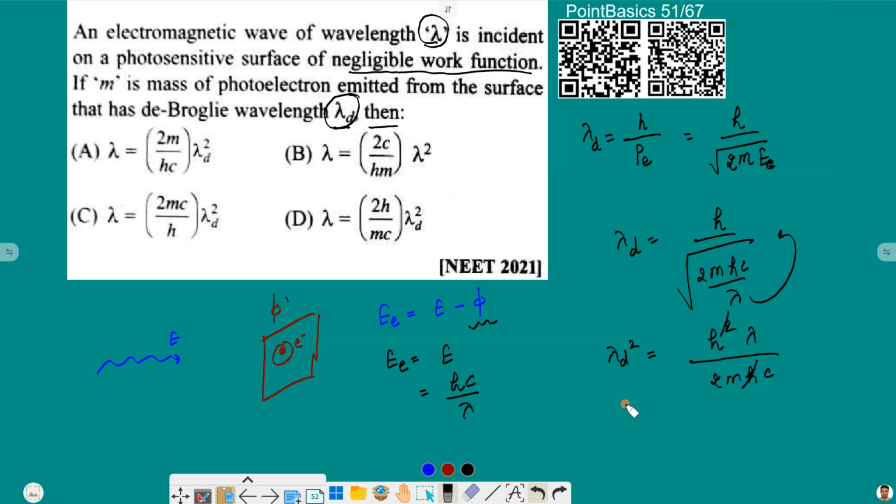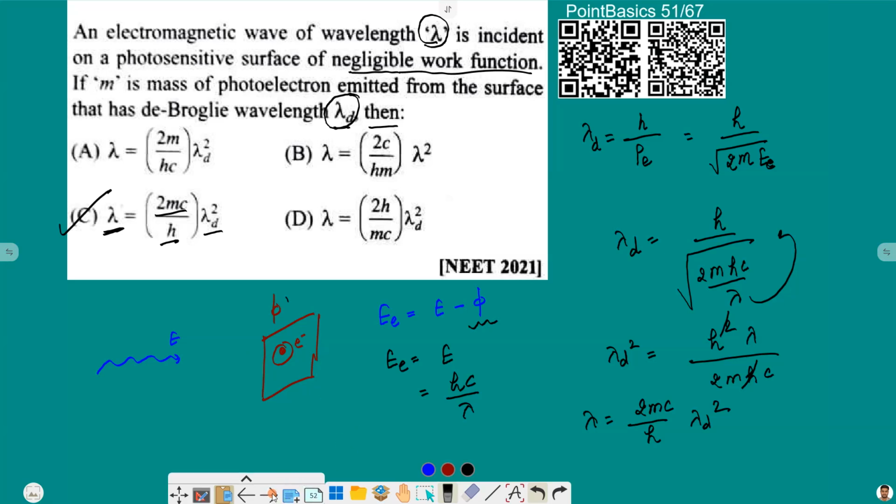So h gets cancelled, and in terms of lambda I can write that lambda is equal to 2mc by h into lambda d square. So option C is the right answer here.